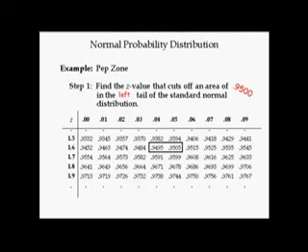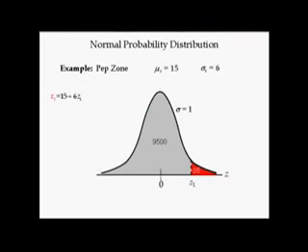These probability values are in row 1.6 and columns 0.04 and 0.05. Thus, there are two equally good values for z, 1.64 and 1.65. Averaging these values yields the z value of 1.645. Recall that once z1 is determined, x1 can be computed.